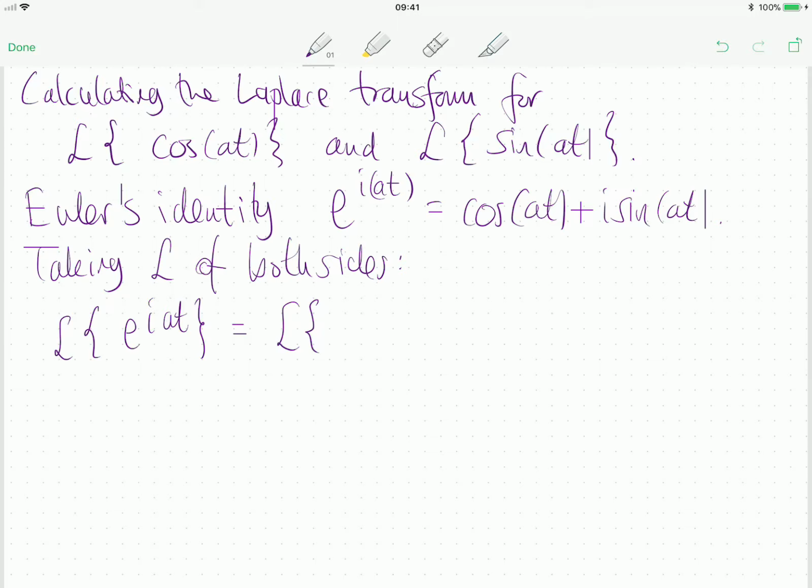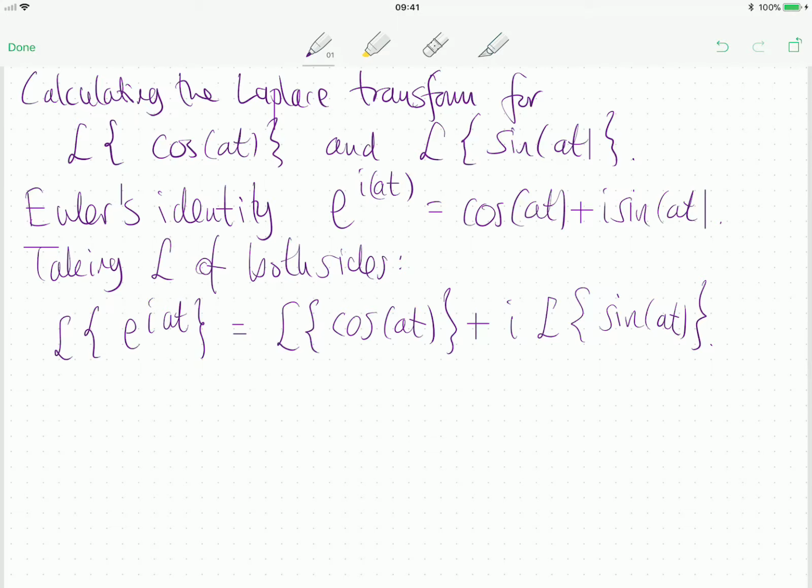On the right, using the linearity of the Laplace transform, we can write this as the Laplace of cos AT plus I times the Laplace of sine AT.